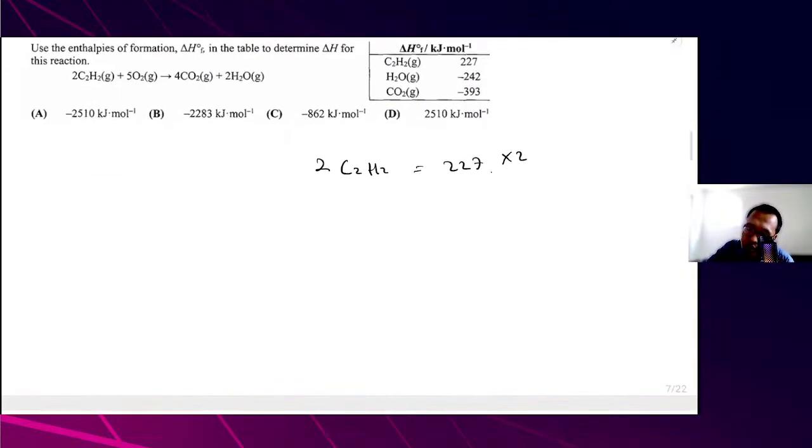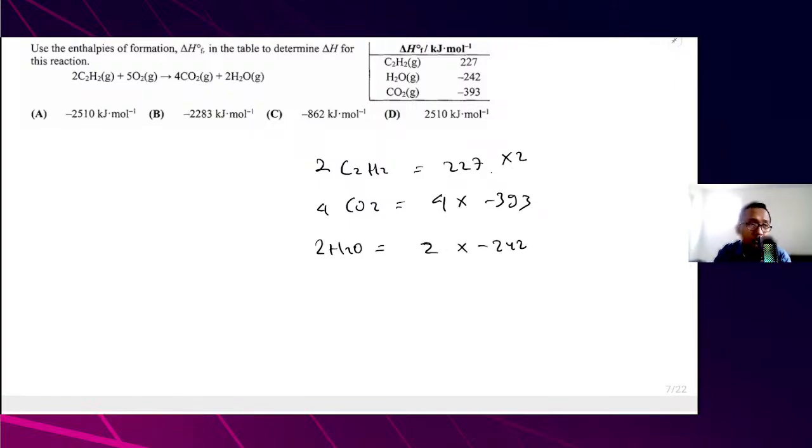We do not count O2. And how about the CO2? CO2 is 4, so it will be 4 times minus 393. How about the 2 H2O? It will be 2 times minus 242.